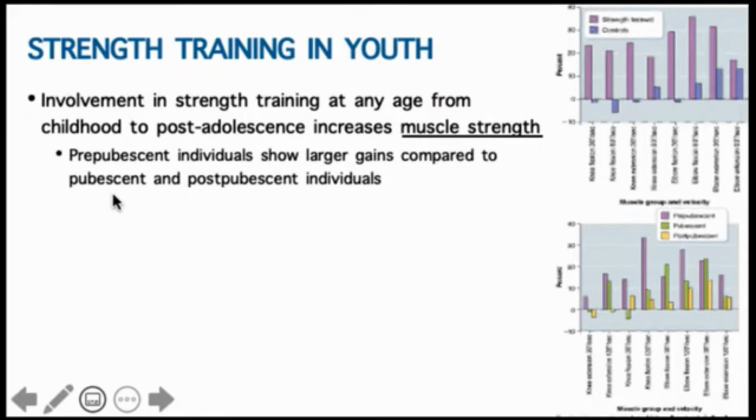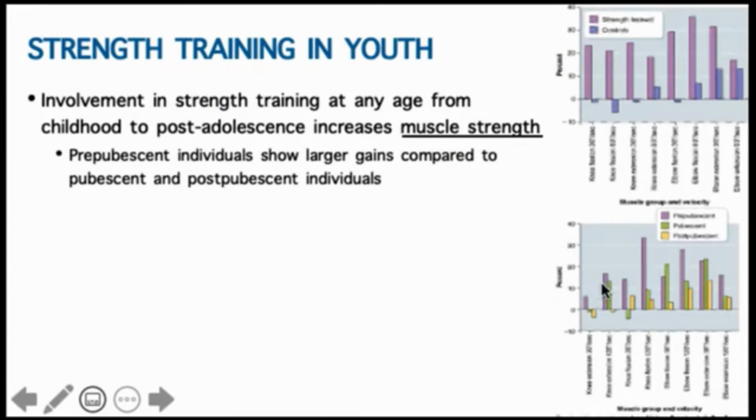Prepubescent individuals show larger strength gains compared to pubescent and post-pubescent individuals, so that is this second graph down here. Again, we're looking at percent increase in muscular strength. The purple bars represent our prepubescent individuals, green are our pubescent individuals, and the yellow are the post-pubescent individuals.